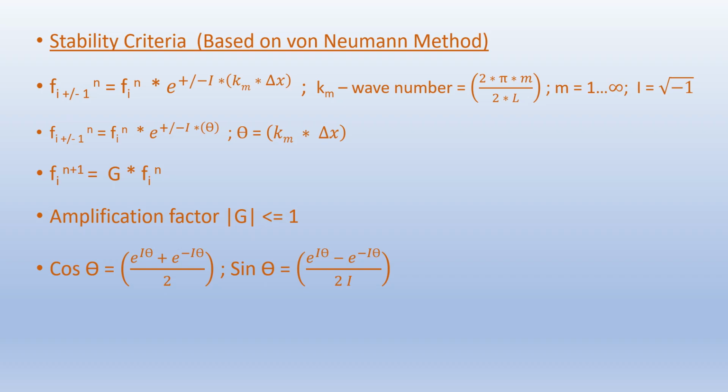Here km is the wave number, which is equal to 2 pi m by 2L, and here m varies from 1 to infinity and I equals square root of minus 1. So if we represent theta as km times delta x, we get f(i±1)^n equals f_i^n times e^(±I theta).